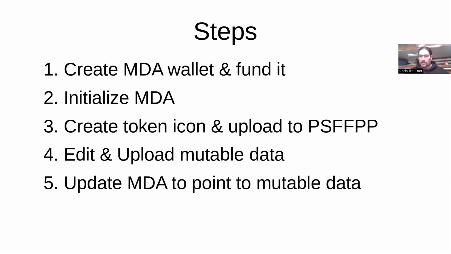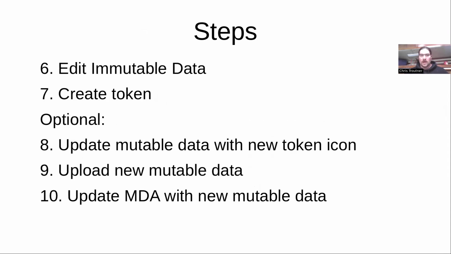And then we'll edit and upload the mutable data. We'll update the mutable data address to point to the mutable data. And then we'll edit the immutable data, create the token, and then if this doesn't make this video too long, I'll go through these optional steps, which is I'll show you how to change the token icon for the token, or any of the mutable data after you've created the token.